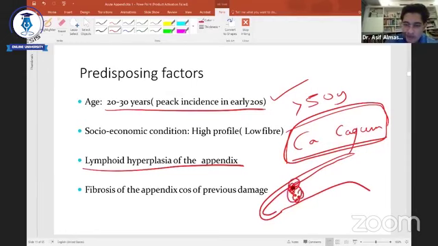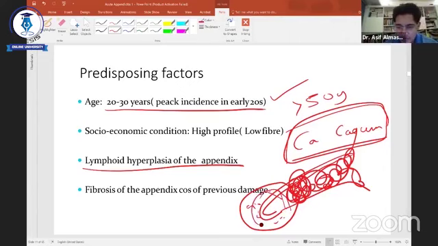As a result, what can happen is there is edema of the appendix, and the bacteria over here start to grow all over the place. And as a result, the blood supply also is hampered because of the edema. And what can happen is the tip of the appendix may become gangrenous. We will discuss all of this.